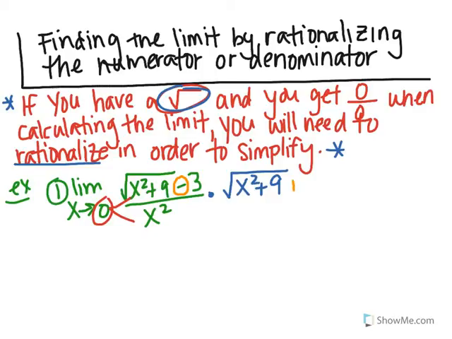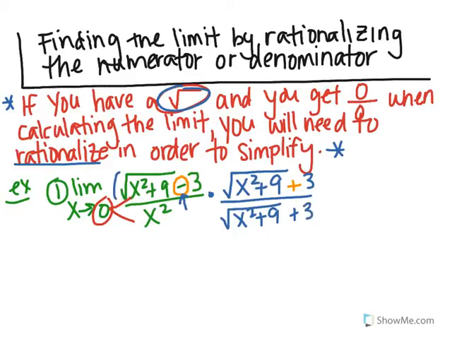If it's minus, it becomes plus, and if it was plus, it'd be minus. So I'm going to multiply both the top and bottom by the same thing that's in the numerator, the only difference being that you take the opposite of this sign to rationalize.